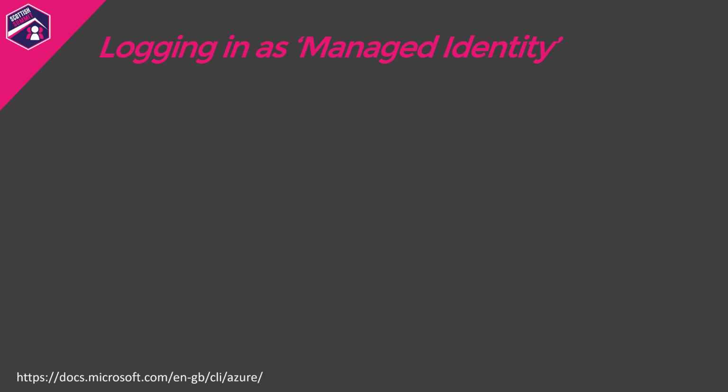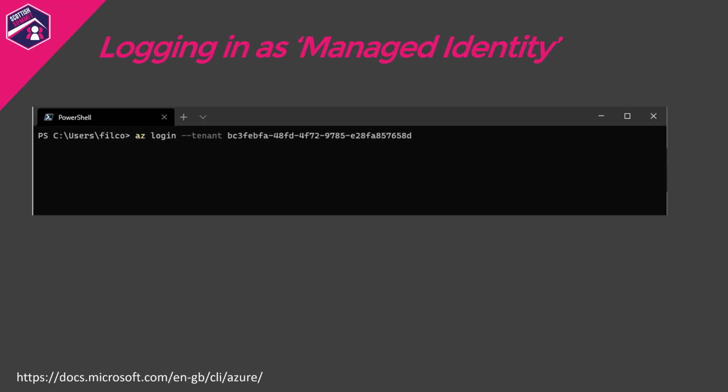If you use various libraries that I'm going to show you, you can log in with either Visual Studio or VS Code, and the libraries will try out system managed identity, through user managed identity, through Visual Studio, through VS Code, down to Azure CLI.